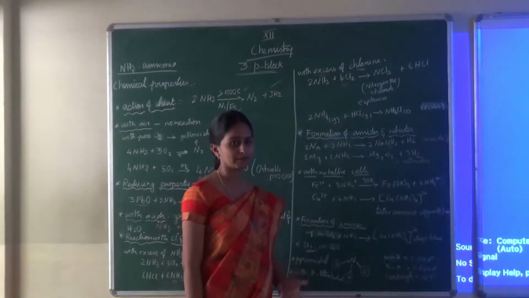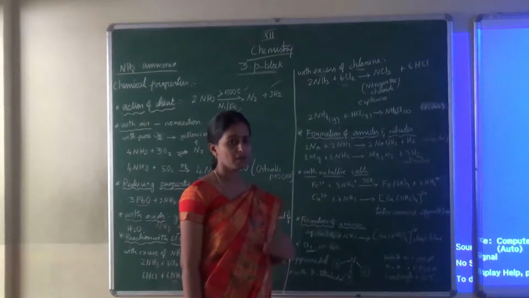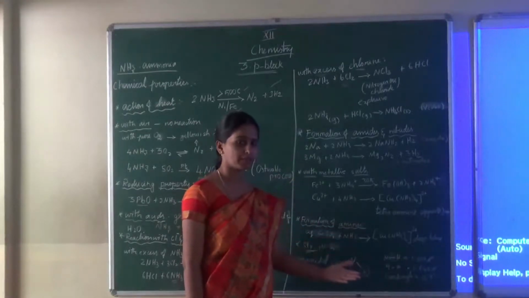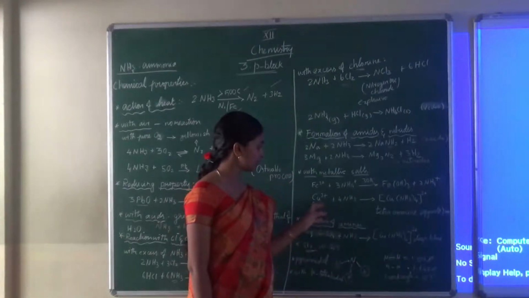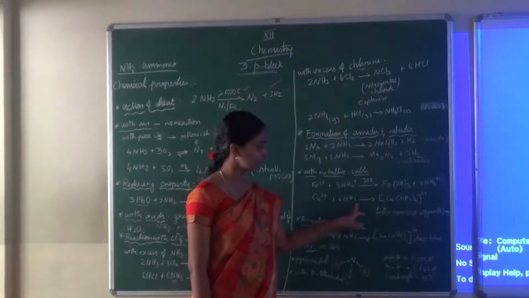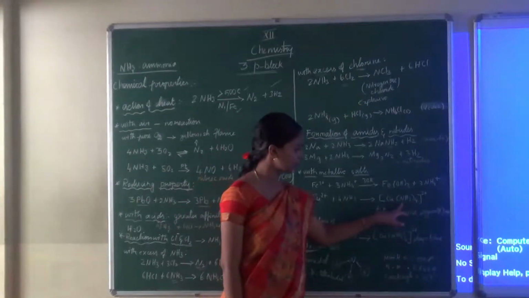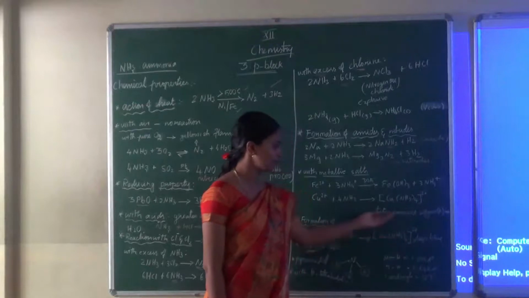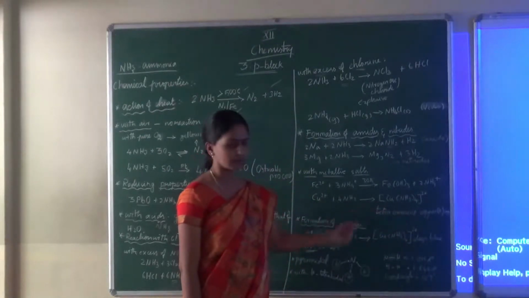Now you don't know what is a ligand, what is a coordination sphere, what is a central atom, you don't know anything now. After this lesson, when we deal with the 5th chapter, we will know. So when copper reacts with NH3, it produces the tetraammine copper(II) ion. It is a coordination complex.